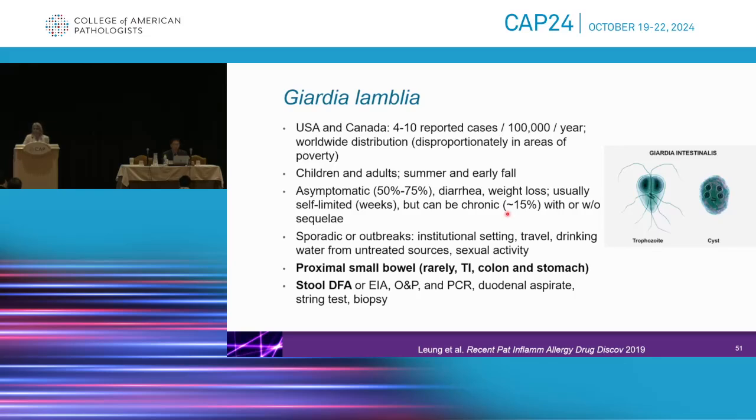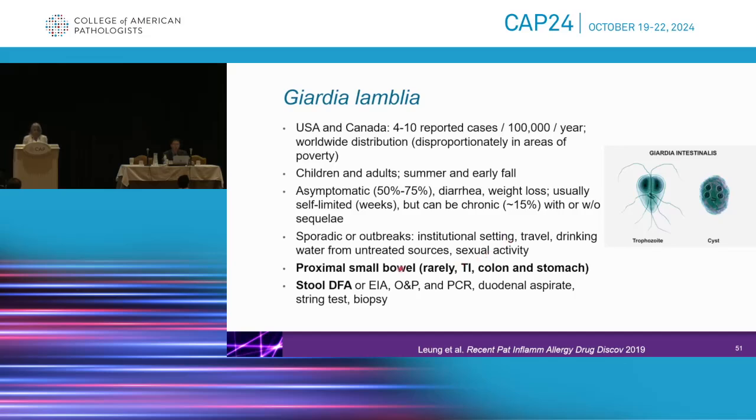Notably, most of these patients are going to be asymptomatic, and the disease is really self-limited the vast majority of the time, but some patients go on to have chronic infections, and they may actually suffer sequelae from this. You may see this as sporadic or outbreaks in institutional settings associated with travel or drinking water from untreated sources, and it's even been associated with sexual activity.